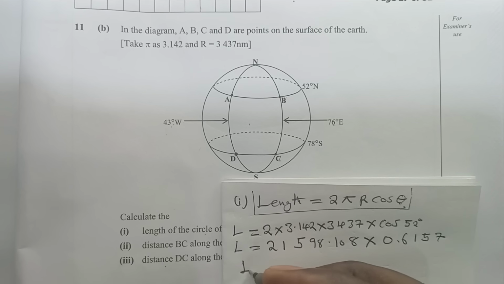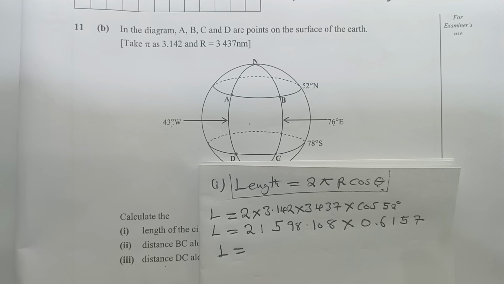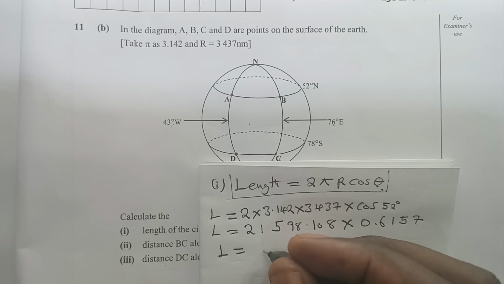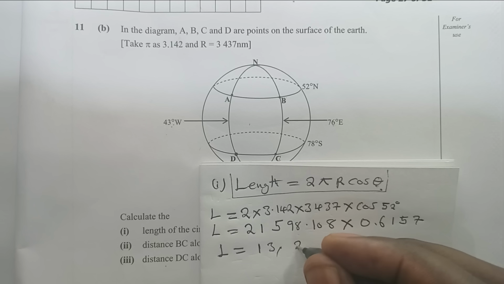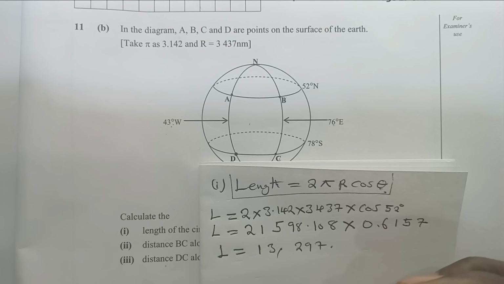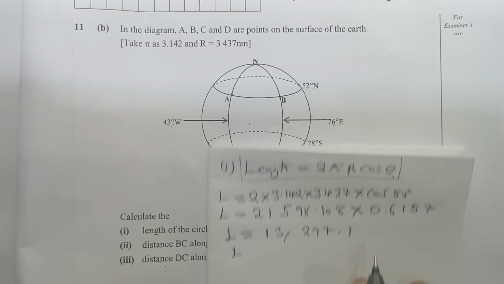And then length is equal to, so we can multiply everything. And from my end, we are going to have 13,297.1.